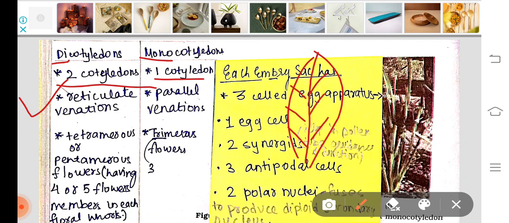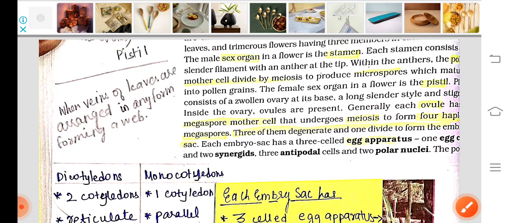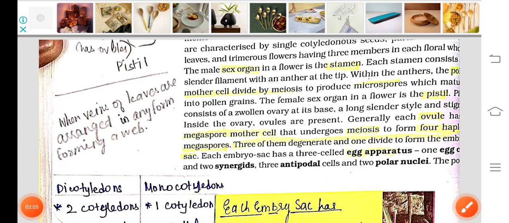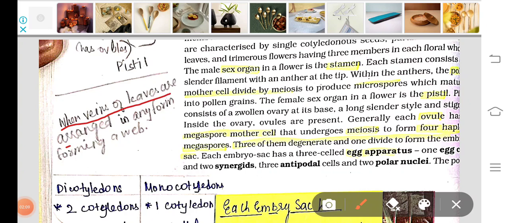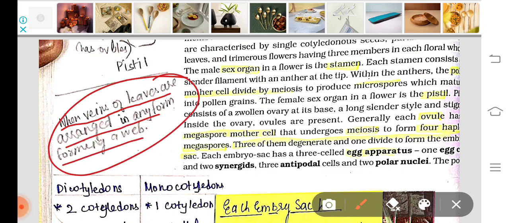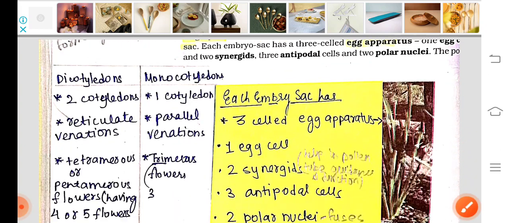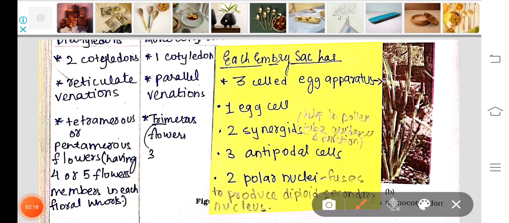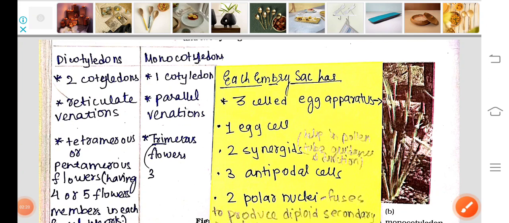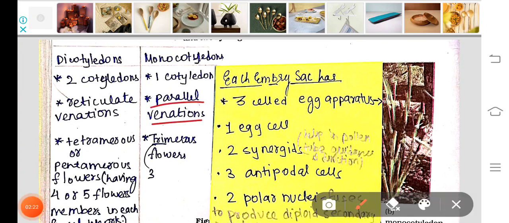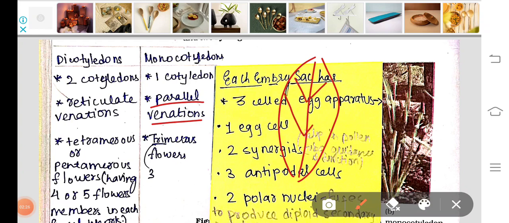When the veins or the lines of the leaves are arranged in an unsystematic manner, it is called reticulate venation. Here I have written the definition also. When the veins of leaves are arranged forming a web, what we say is reticulate venation. And your monocotyledons have parallel venations, meaning the leaves have parallel veins like this.